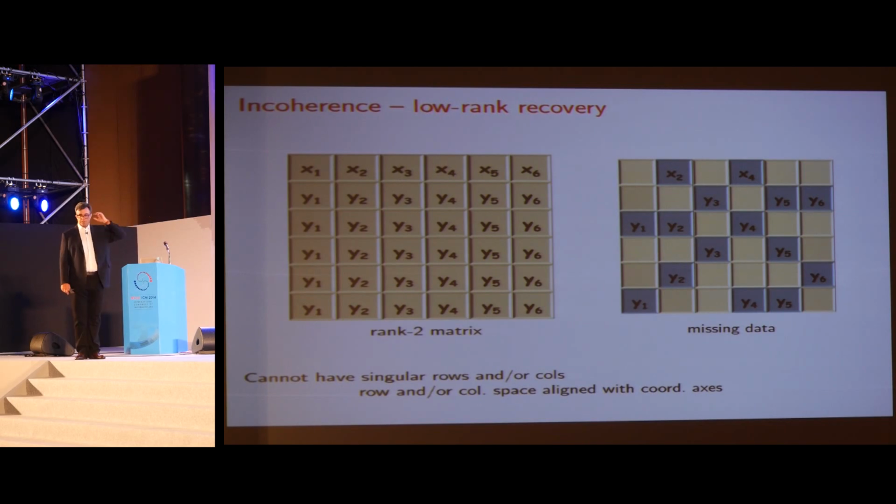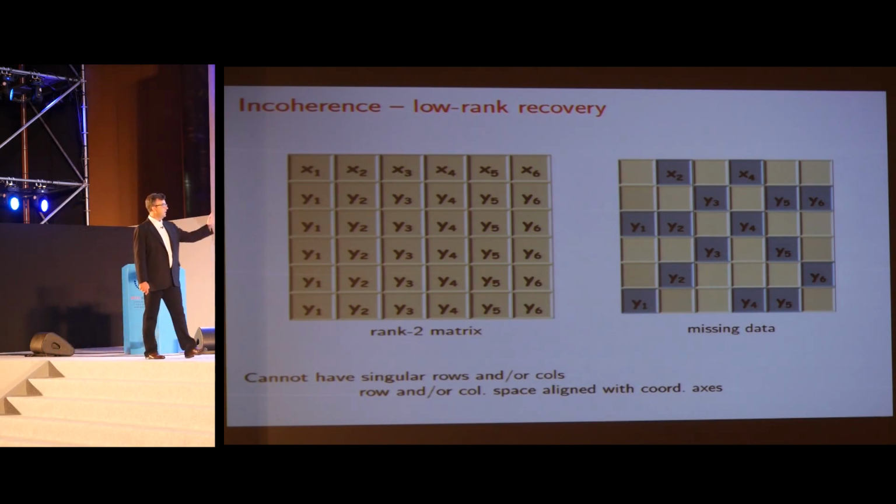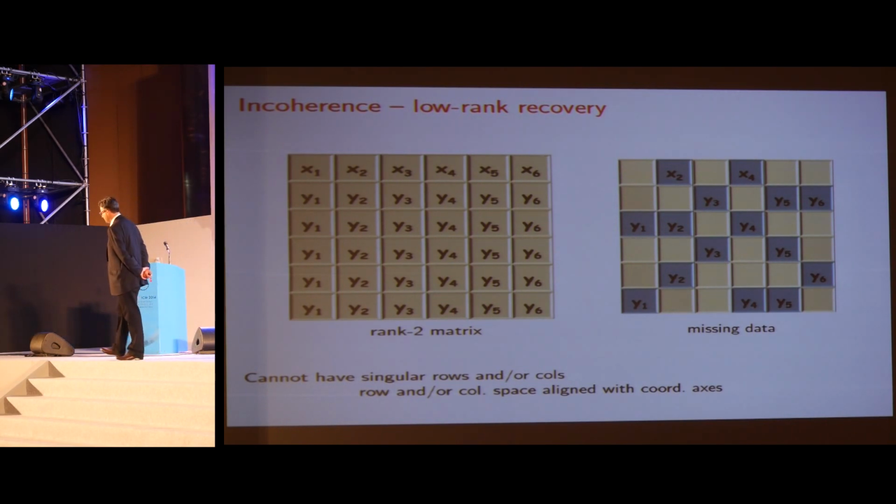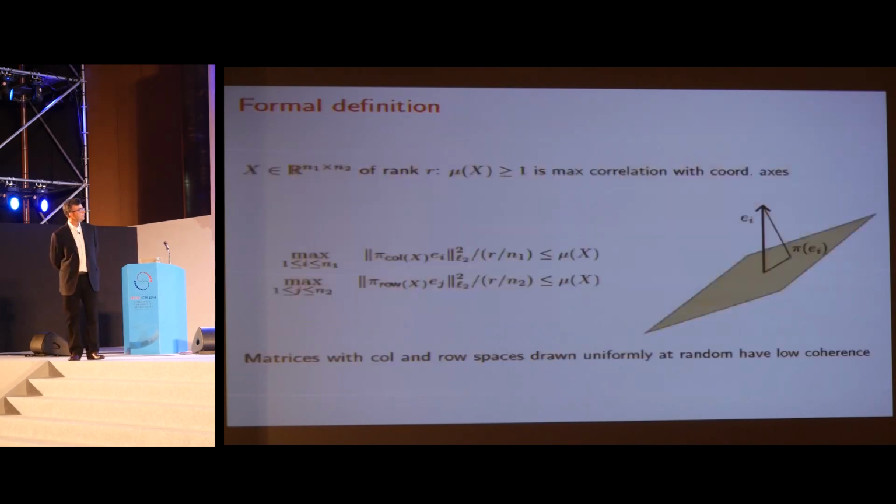One way to say this mathematically is, again, through a notion of incoherence: the row space and the column space of the matrix I'm trying to infer cannot be aligned with the coordinate axes, because if they were, I would have singular columns and rows.